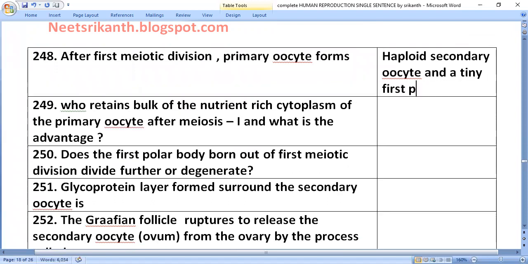Who retains the bulk of the nutrient-rich cytoplasm of the primary oocyte after meiosis 1, and what is the advantage? The secondary oocyte retains it, not the polar body. It helps in the growth of the embryo.